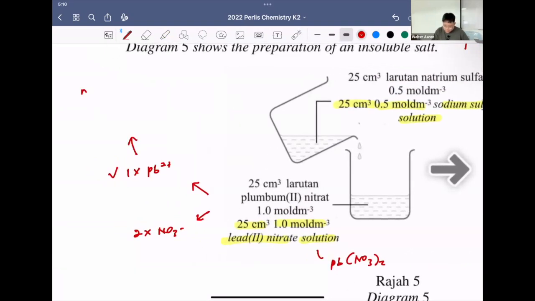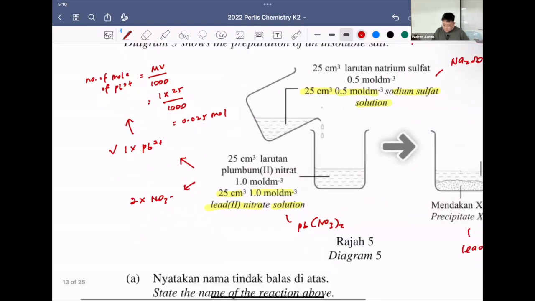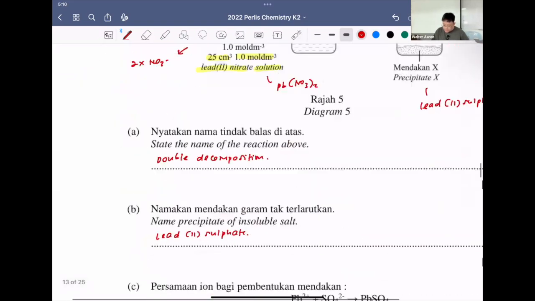So to get the number of mole of Pb2+, you'll also be using MV over 1000, and that will be 1 times 25 divided by 1000. So the answer here will be 0.025 mole.